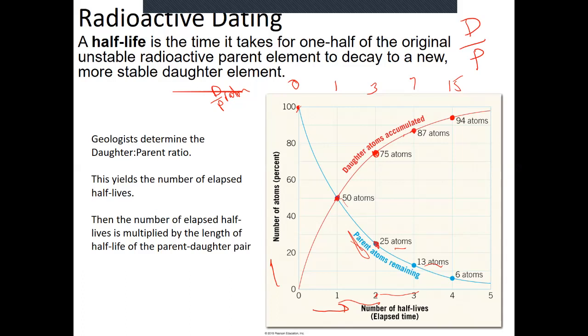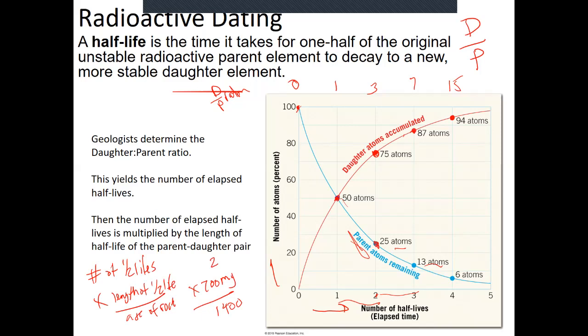And since 2 half-lives elapsed, we take the number of half-lives multiply it by the length of 1 half-life, that gives us the age of the rock, how long ago that mineral crystal formed. So in this case, we had 2 half-lives times 700 million years gives us 1,400 million years, or 1.4 billion years.